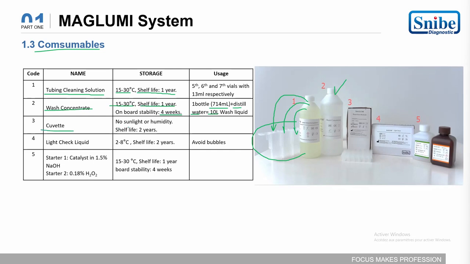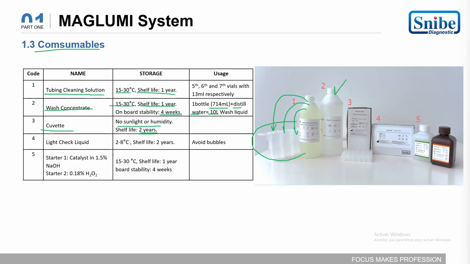Then we have the cuvette. Avoid direct exposure to sunlight and storage in areas with humidity. The shelf life of the cuvette is 2 years. Even though the cuvettes are made of a plastic product, they have a shelf life of 2 years.